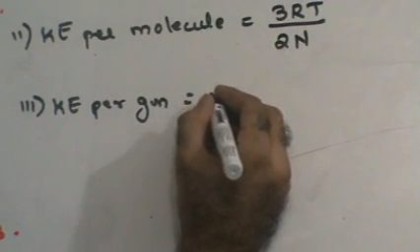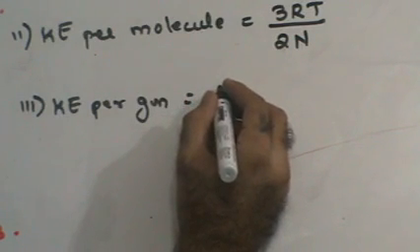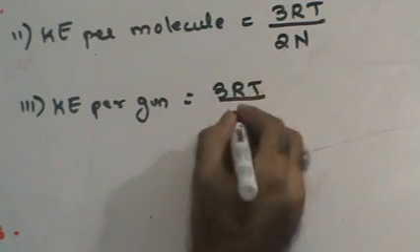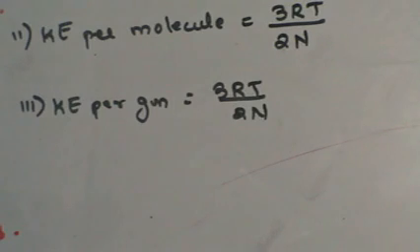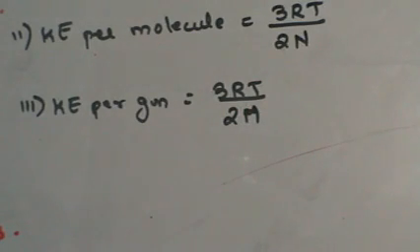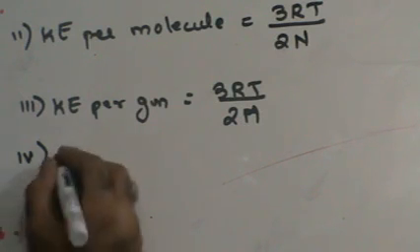Kinetic energy per gram is 3RT upon 2M, not N, per gram. Right? And last, they also asked you to find out kinetic energy per centimeter cube.